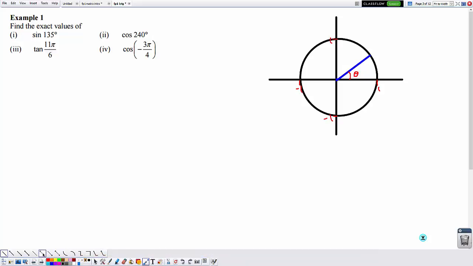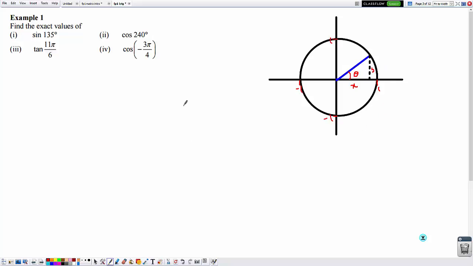Let's do a dotted line. That is my x. So by definition, this x value that I've got here is my cos theta, and this y value that I have here is my sine theta. So this is my definition.